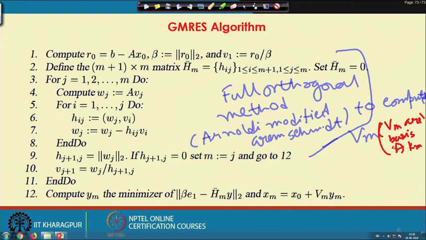K m must be the same. So, this computation of V m is exactly the same as in other Krylov subspace based methods.